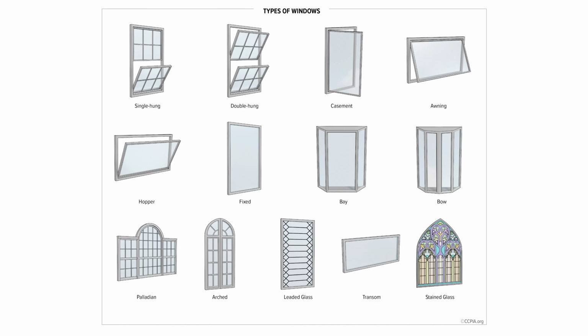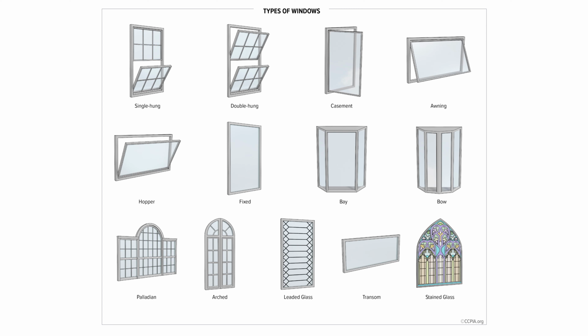Now, when it comes to windows, there's a lot of different types of windows that you're going to see on commercial buildings. And in this illustration, I want to describe a few of them. We can have the single hung window, which is one sash moves while another sash is fixed.